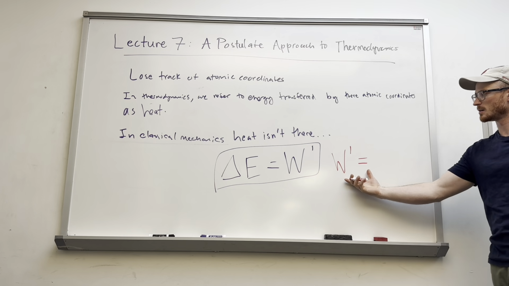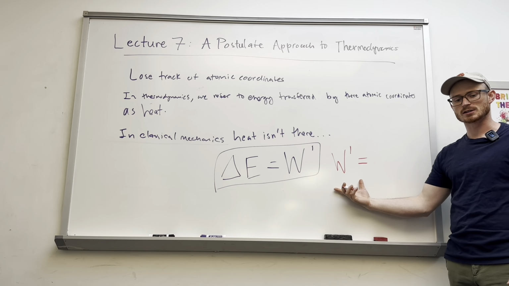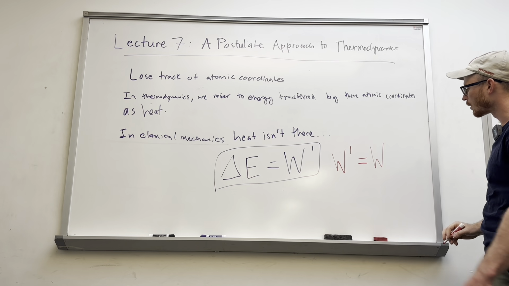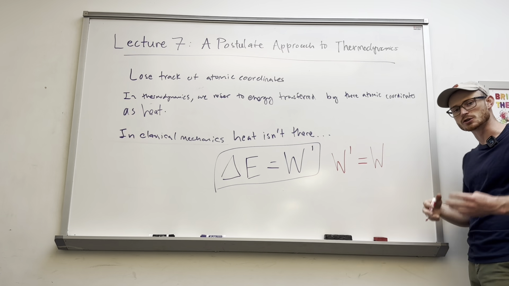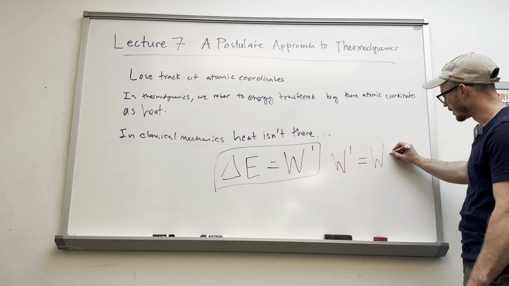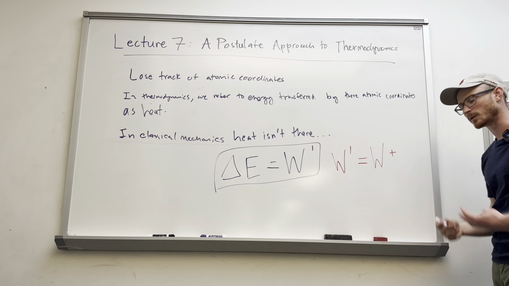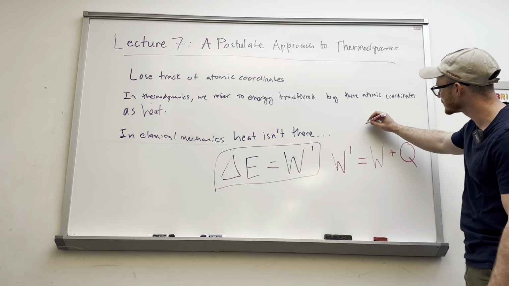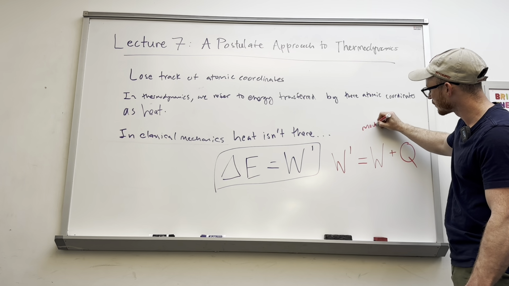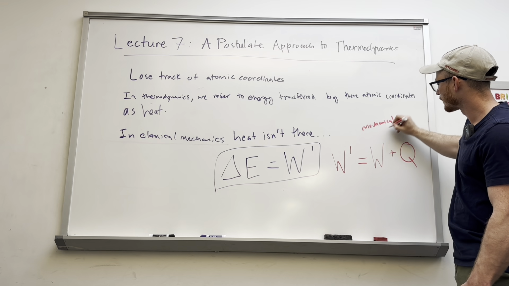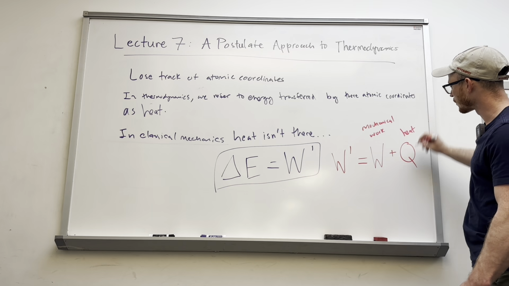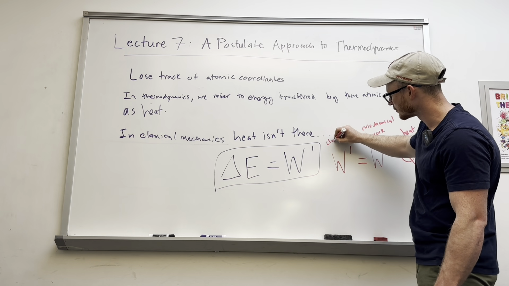We're going to say that the work done on the system can be done by mechanical work that we can observe at our scale, plus the invisible work that we can't observe, which is heat, and we denote that by Q. So this is mechanical work, and this is heat.